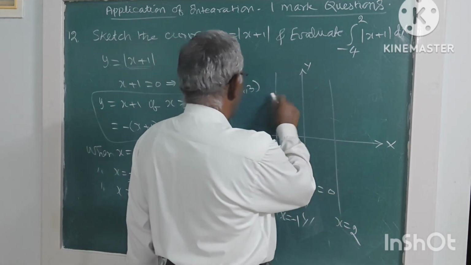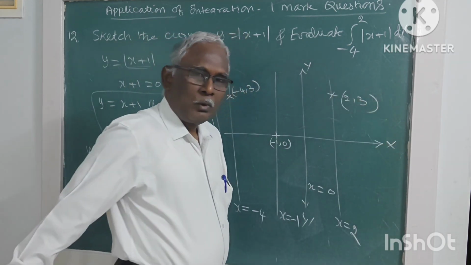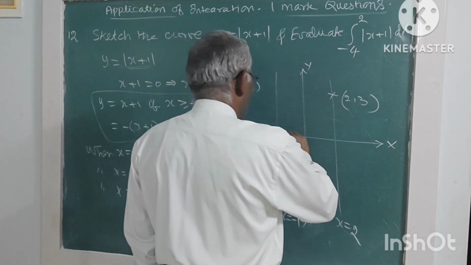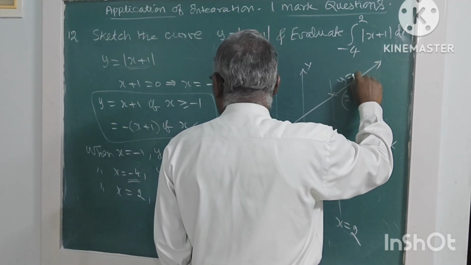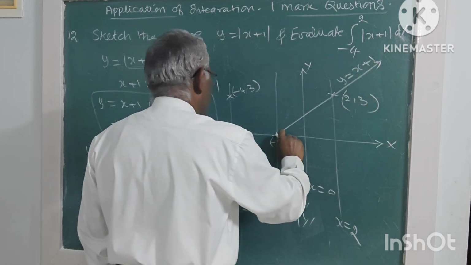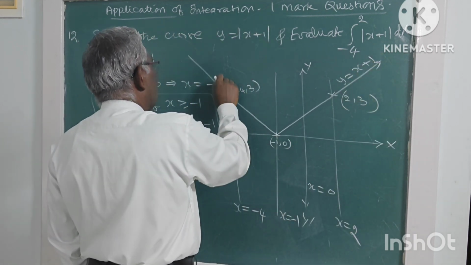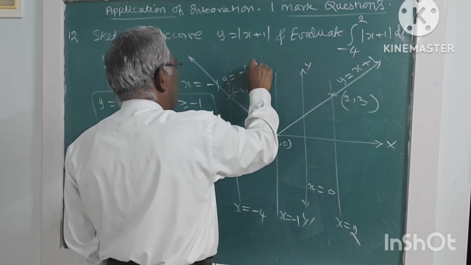So we'll get 2 comma 3. Now we have to join these two. This is y is equal to x plus 1, and this is y is equal to minus of x plus 1.